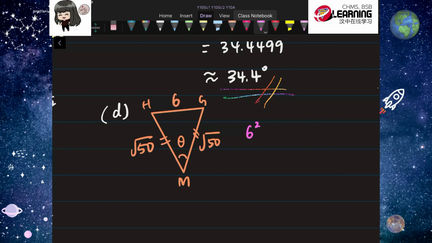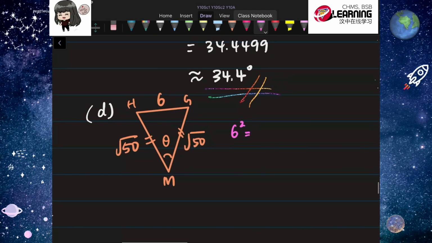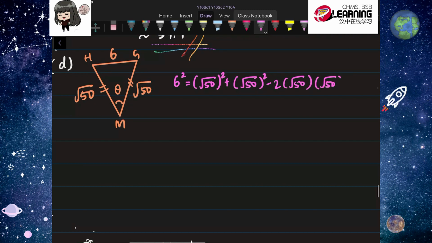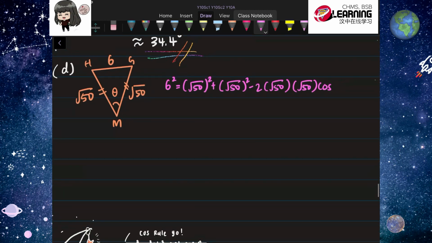So 6 square equals square root of 50 square plus square root of 50 square minus 2 times cos HMG. Remember this one and this one must be opposite to each other. Okay, so I'm going to continue this.